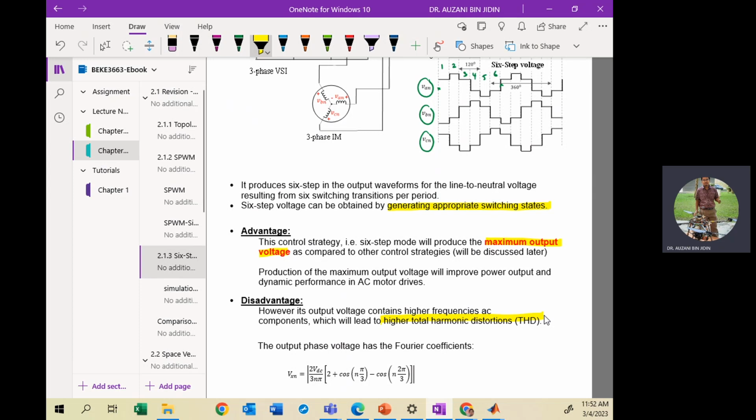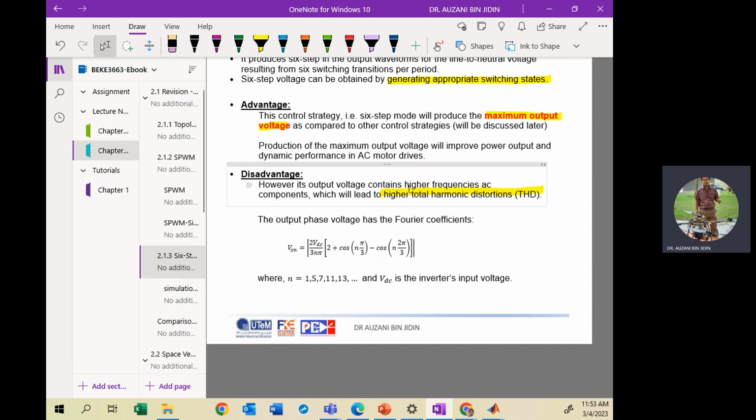If you want to sell your energy, you design your inverter to sell to the utility company, TNB, and inject to the grid using this 6-step wave shape, it will distort the grid waveform, because this 6-step waveform consists of higher harmonic components. Before you inject, you must put a filter so that you can have a purely sine wave shape waveform. Then you can inject to the grid.